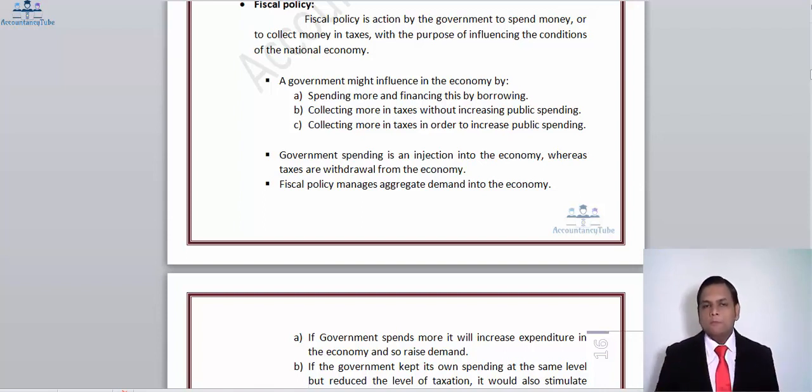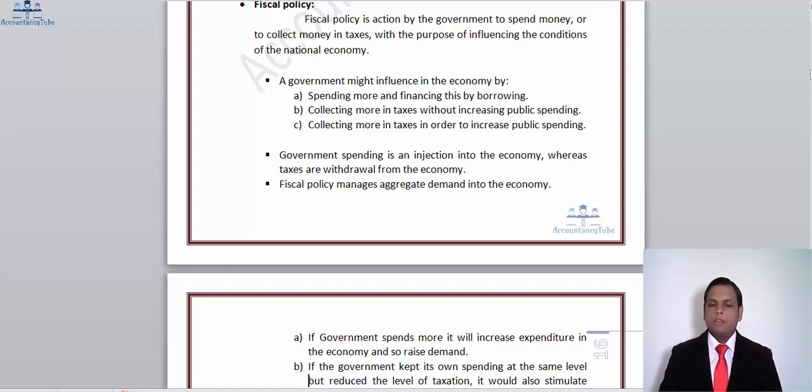And where are the governments getting these funds? They are getting the funds from the International Monetary Fund or from the World Bank. So they are financing this by borrowing. Through this strategy, basically, they create demand and incentivize the producers to produce more. Then we have collecting more in taxes without increasing public spending.